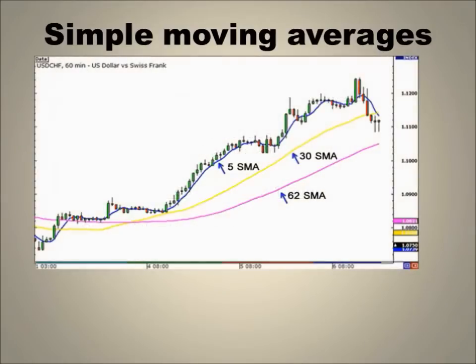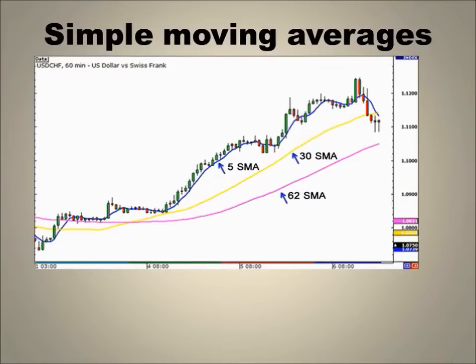Okay, so in this chart we have 3 lines. We have a 5-period SMA, which is indicated in blue, 30-period SMA indicated in yellow, 62-period SMA indicated in pink. Notice that the 5-period SMA, the smallest number, is closer to the candles than the 30 and the 62.